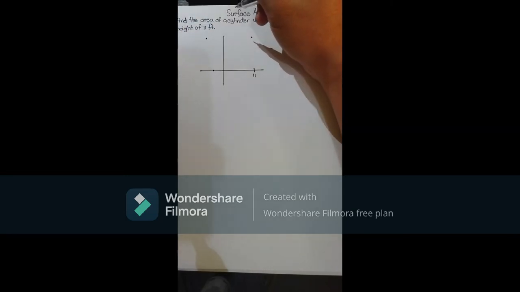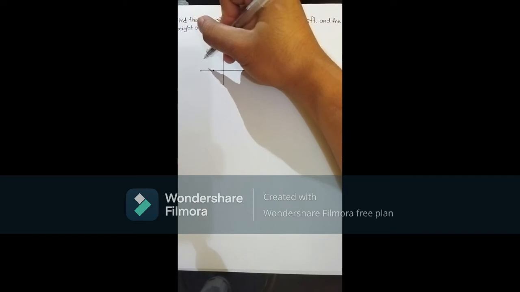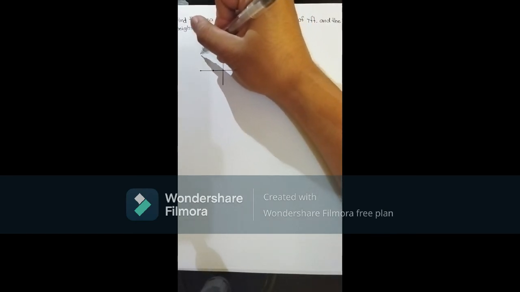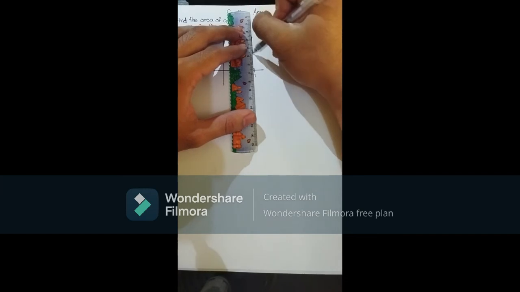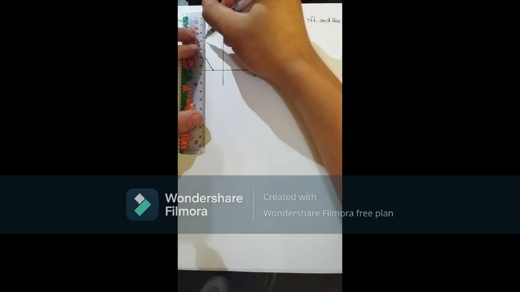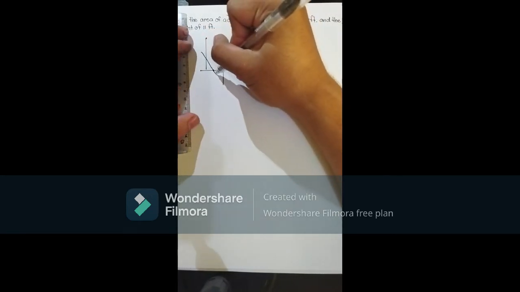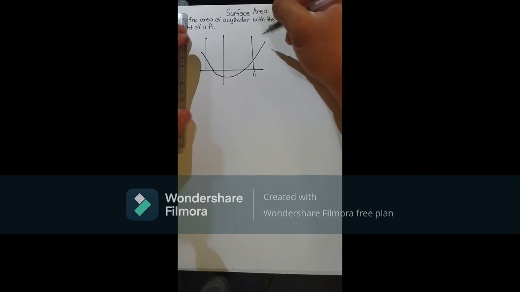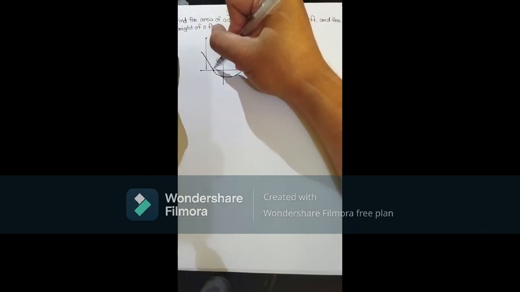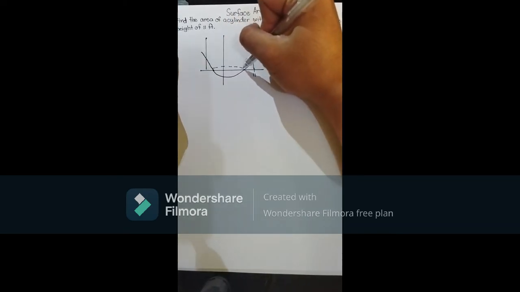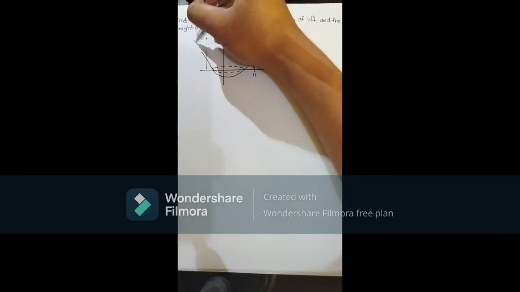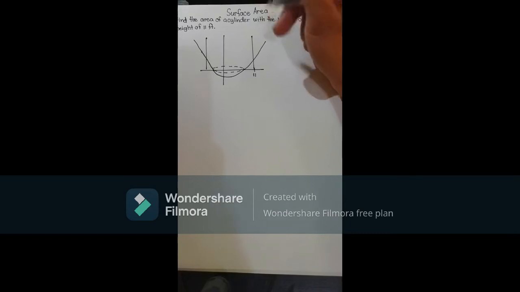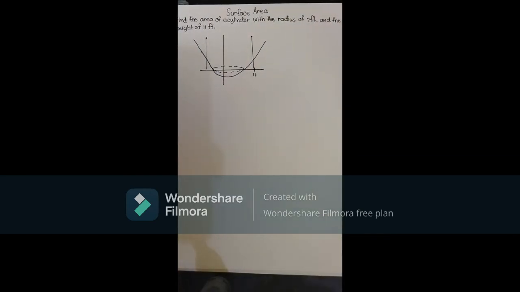Now we're going to graph. Now we're going to solve for the given.